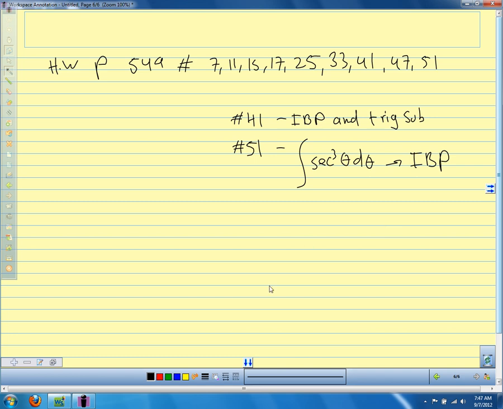And a reminder, the integral of secant theta d theta. Do we remember what that evaluates to? What is it? Very nice. Natural log of secant theta plus tangent theta. You might see that integral somewhere in there also.